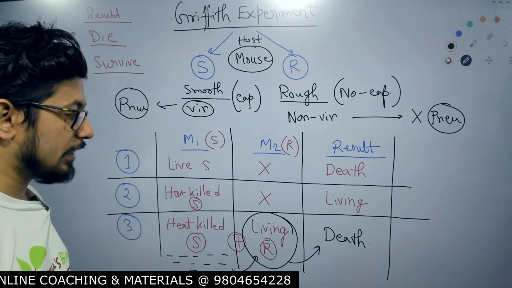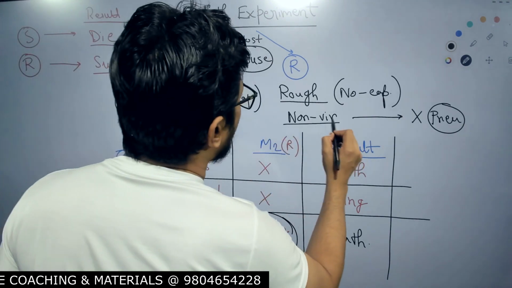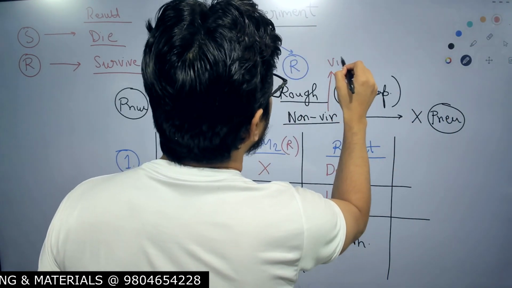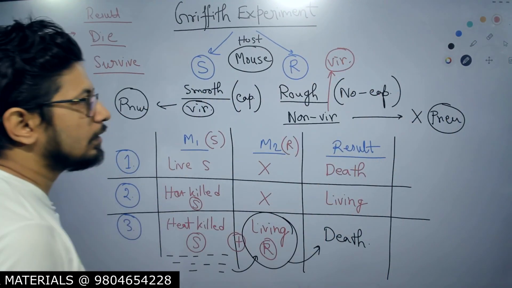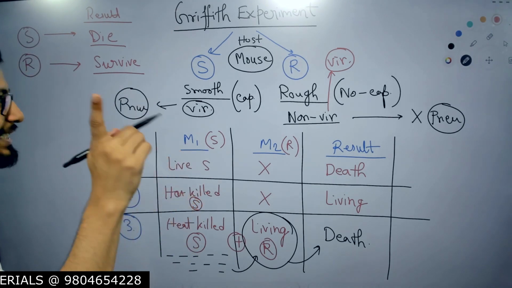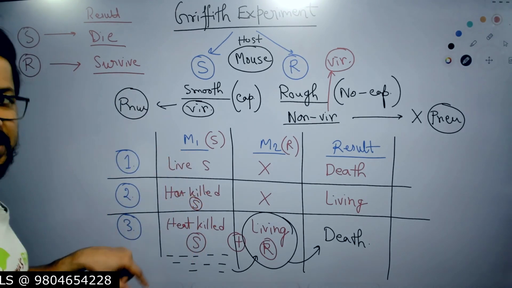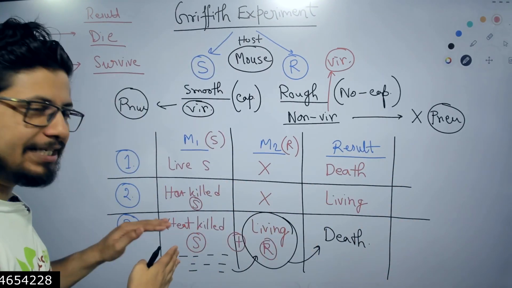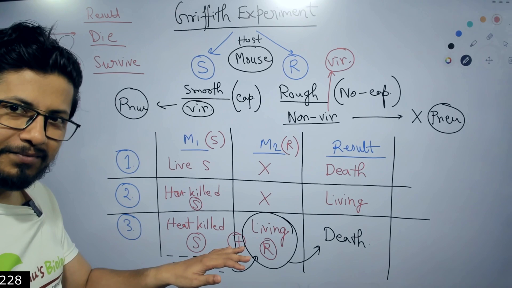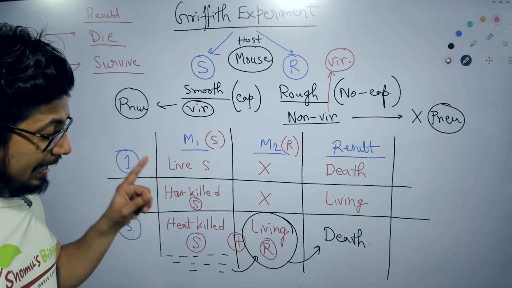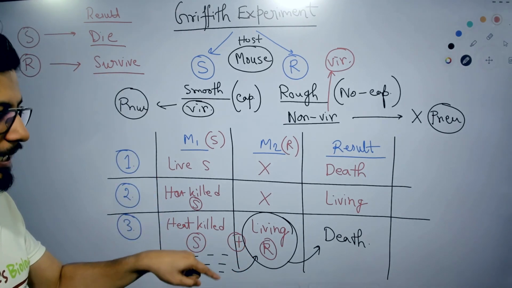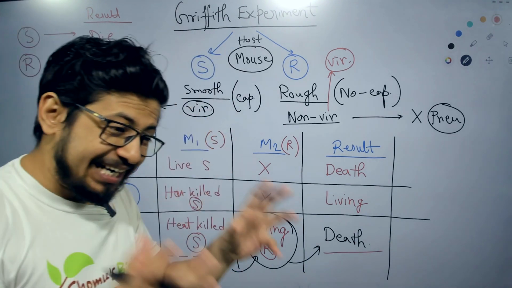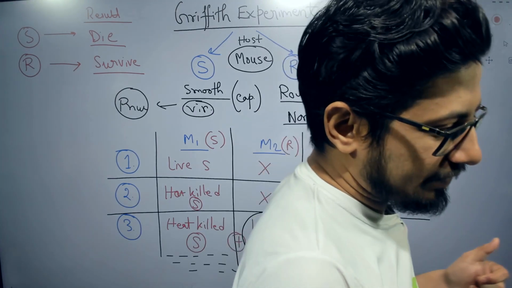It converts the non-virulent form of the R strain into a virulent form, because the virulence is actually carried in the DNA, and the DNA is donated by the heat killed S cells. That fragment of the DNA is integrated and now it gets the capability to kill the mice. That was a big discovery.